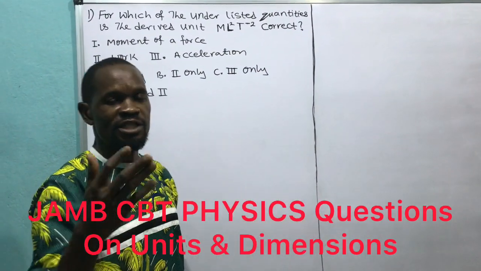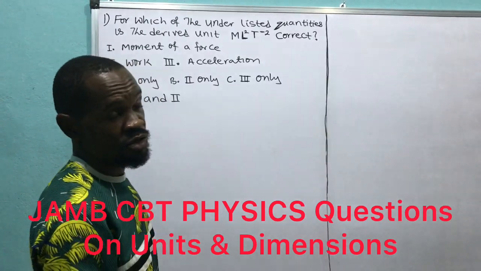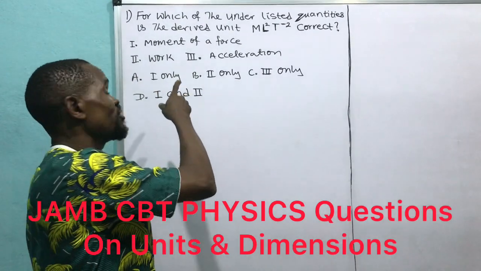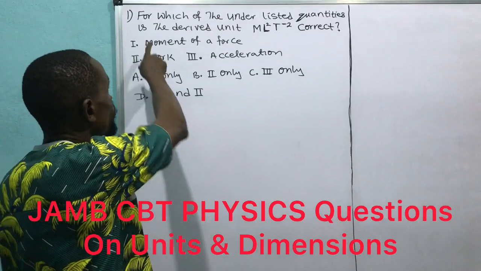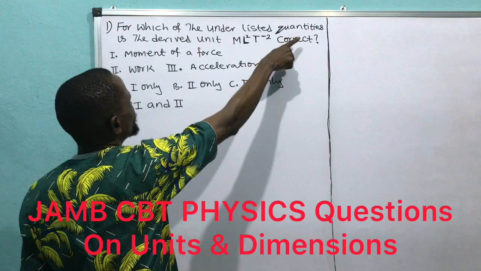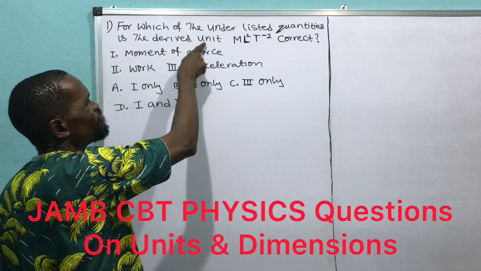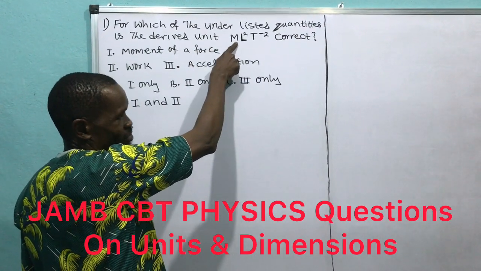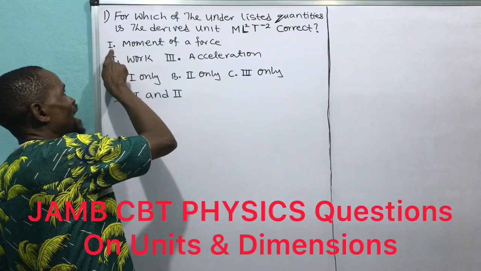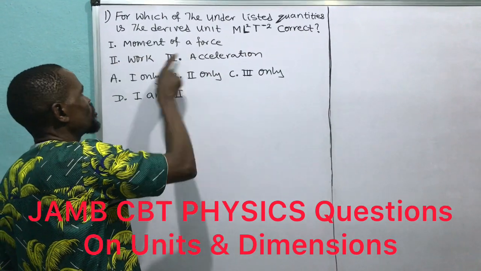This is JAMB Physics 2022, question number 1. For which of the underlisted quantities is the unit derived? Look at the unit, the derived unit. I, moment of a force.